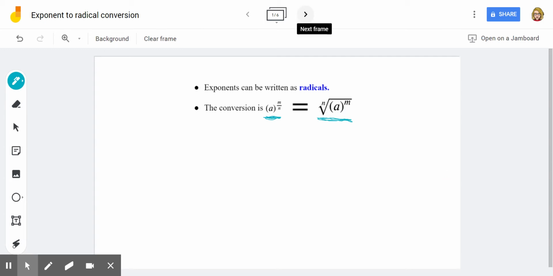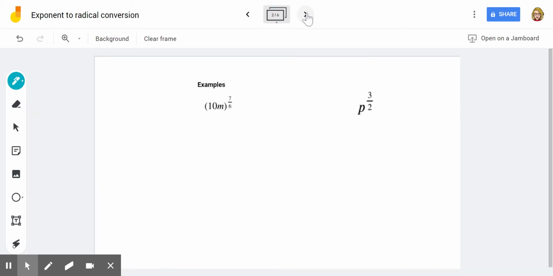So let's use this in an example. We're using the formula that a to the m over n equals the nth root of a to the m power.